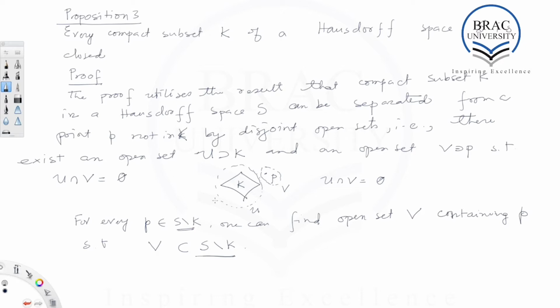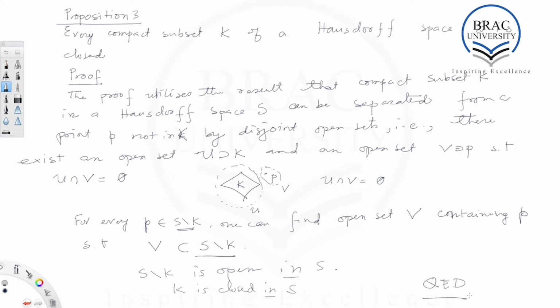It means that S set minus K is open in S. So if S set minus K is open in S, it means that K is closed in S. Okay, so this proves the statement of Proposition 3, QED.